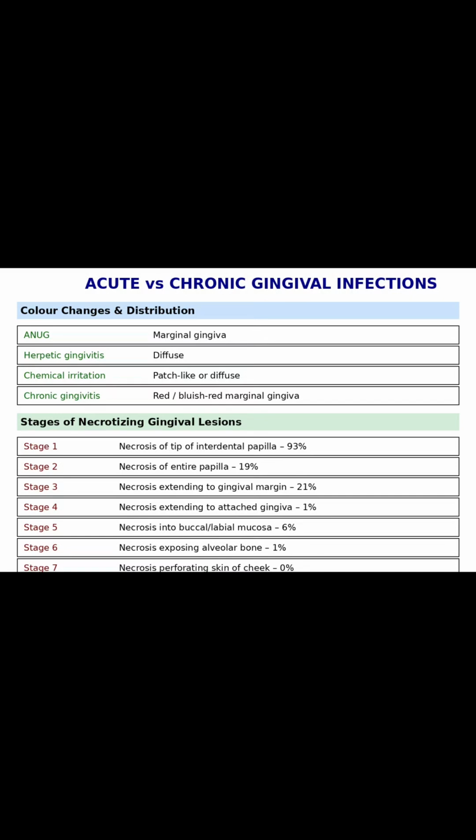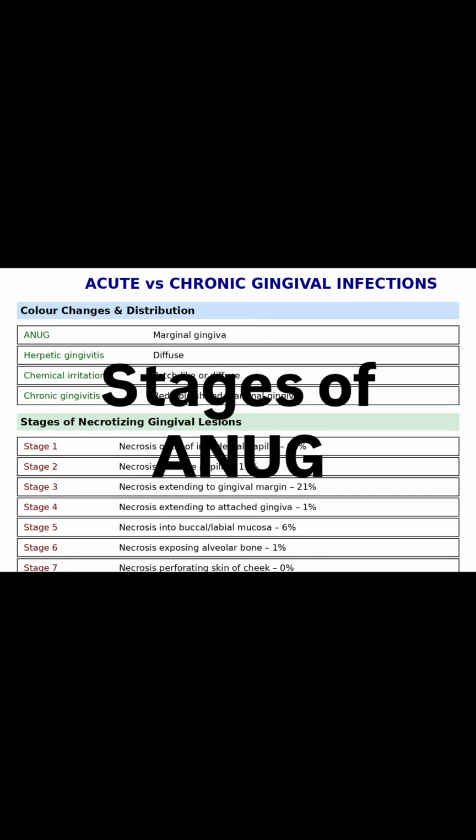Now, next part of the slide will be stages of necrotizing gingival lesions. Necrotizing periodontal diseases progress in a sequential manner described in stages based on the extent of tissue necrosis. So the 7 stages were given by Horning and Cohen. Stage 1 is necrosis of tip of interdental papilla, which is 93%.